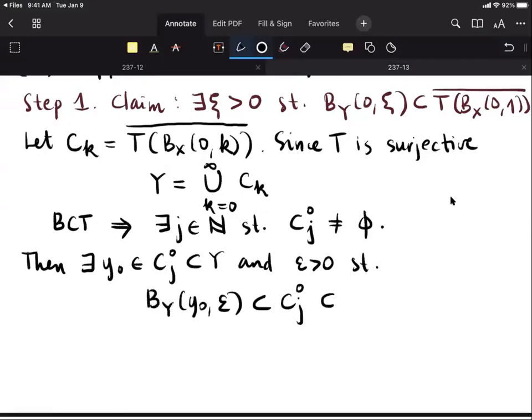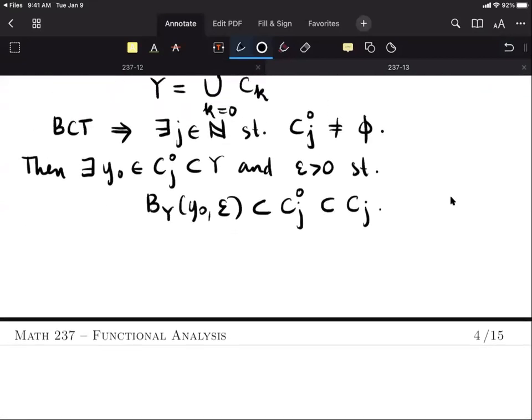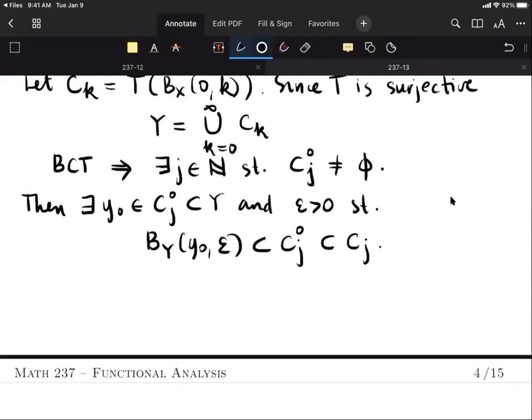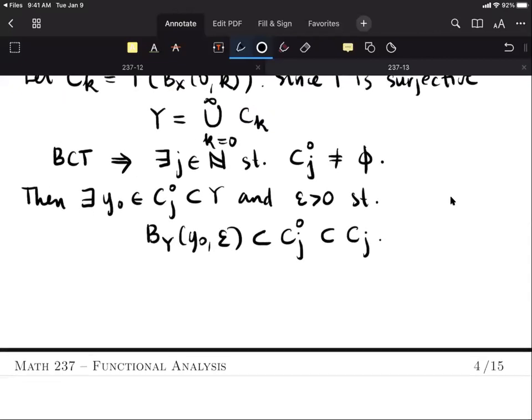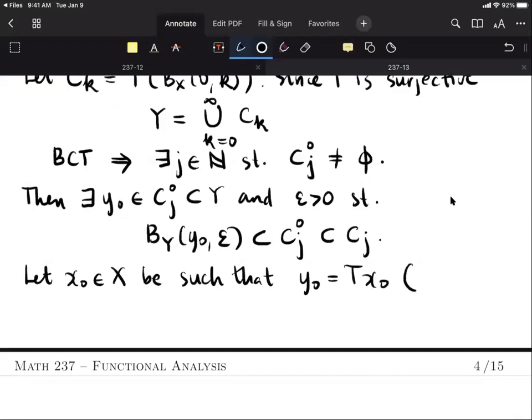And since the interior is a subset of the set, we have this. Since T is again surjective, let x naught be in X be such that y naught is equal to T of x naught.